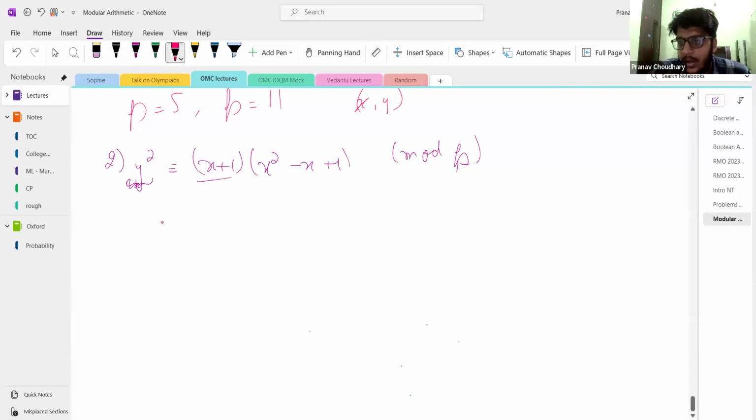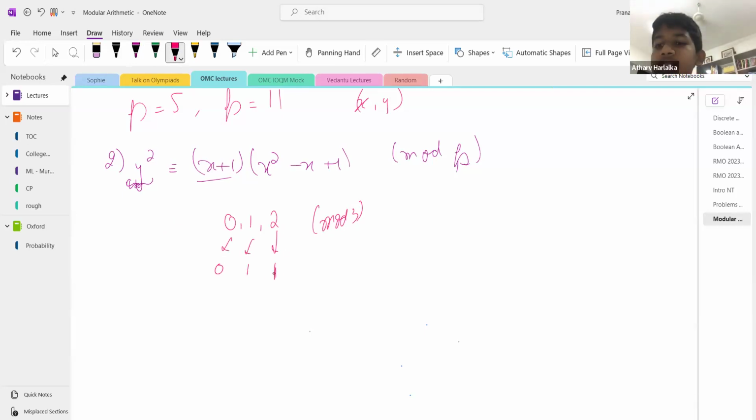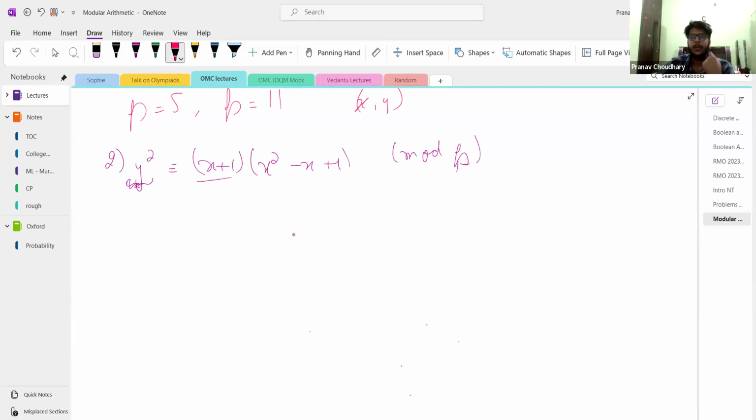No. Okay, I'll tell you why. Let's say I consider mod 3. A number can be 0, 1 or 2 mod 3, right? Its square can be what? 0, 1, or 2 squared is 4, which is just 1. Yes, 0, 1, right? So square root is not defined. So cube root might or might not be defined.